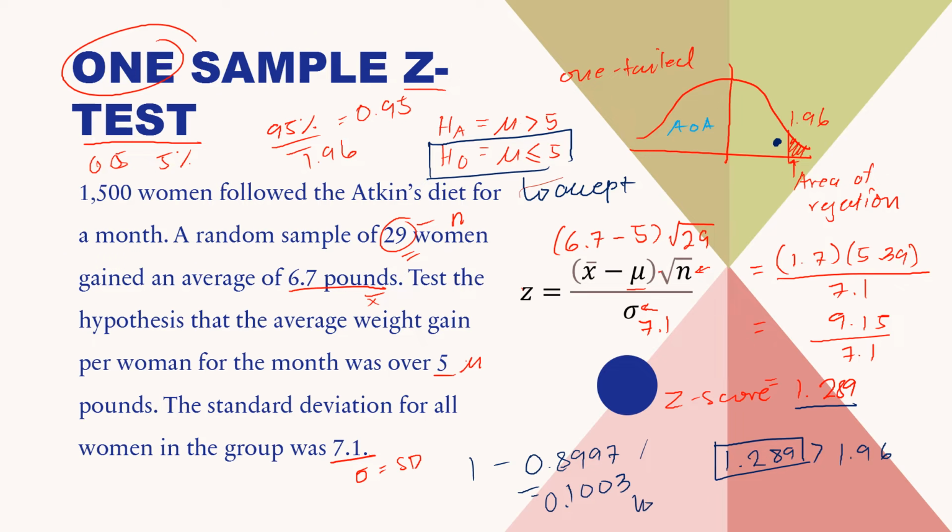And this would be, again, in our p-value comparison, 0.1003 is greater than 0.05, which is our alpha. So therefore, it's just right that we fail to reject the null hypothesis.